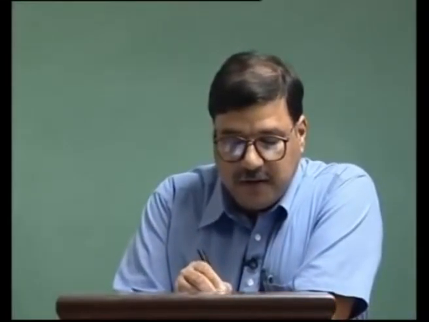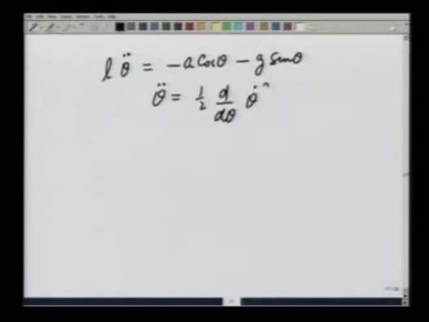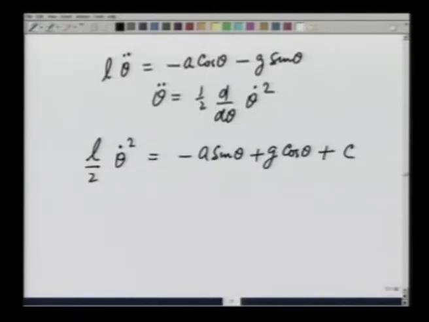Let us do that. So the equation that we have gotten is L theta double dot is equal to minus a cosine of theta minus g sine of theta. Let's put theta double dot equals 1/2 d by d theta of theta dot square and integrate it to get L by 2 theta dot square is equal to minus a sine theta plus g cosine theta plus a constant c.